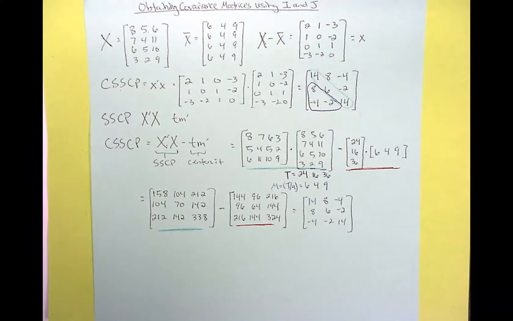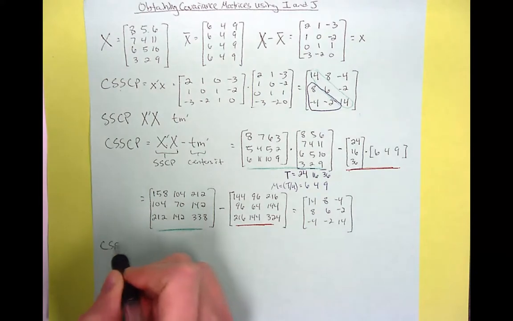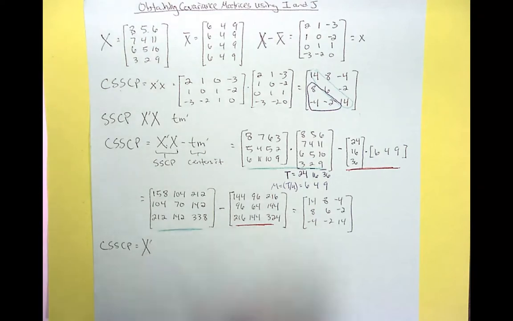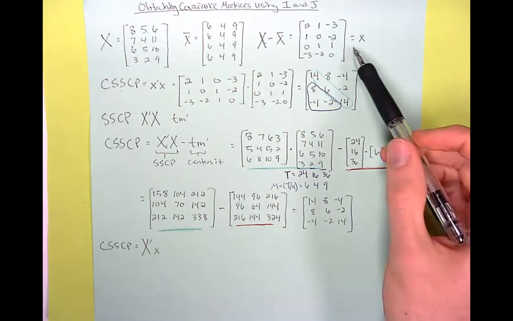However, there is a third alternative. Yay! So that third alternative is represented by equation 3.3, also on page 106, and that is this. The centered sum of squares and cross products matrix is the transpose of the raw data times the deviation scores that we got up here.